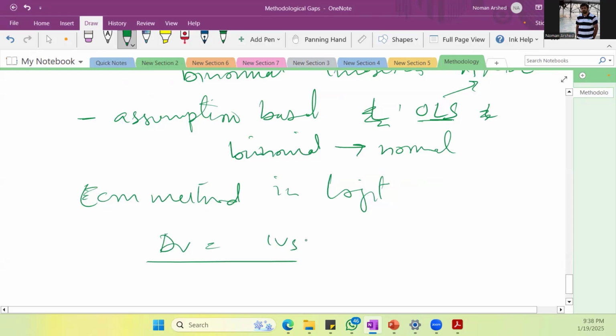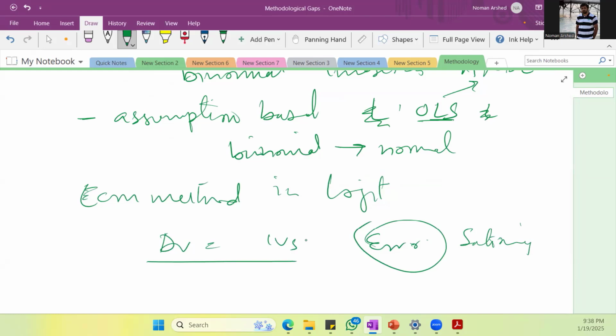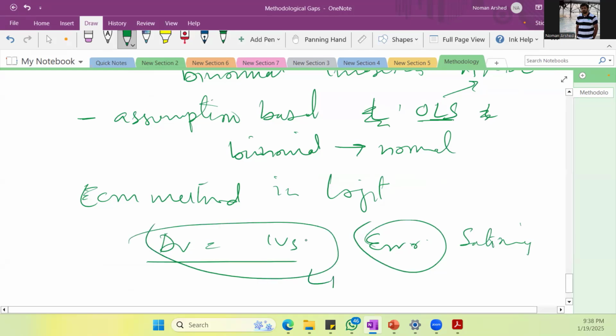So this will be your model, and then you generate the error term. You check whether the error term is stationary or not. If the error term is stationary, using the time series co-integration test, if it is your time series data, then it means this is the long run relation. And then you apply the short run relation.